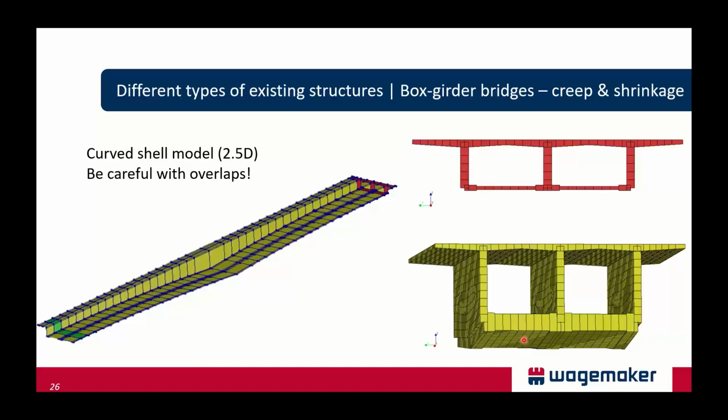There's some consideration that should be paid to the overlaps in these shell elements, not only regarding the actual weight and inertia of the structure, but also regarding the embedding of pre-stressing cables, which I will come back to at the end of this presentation.